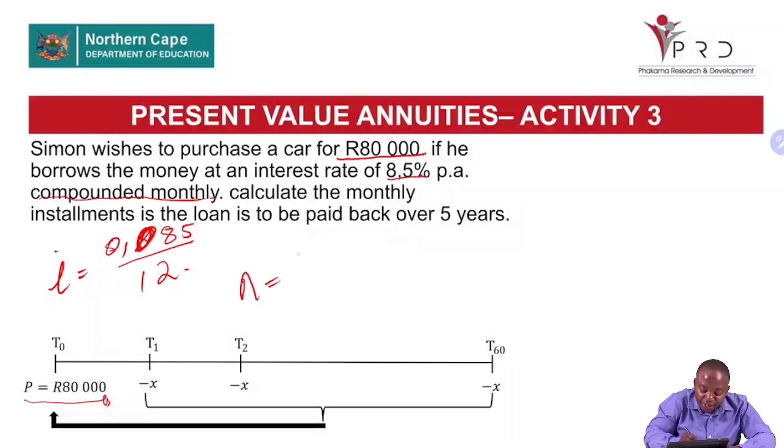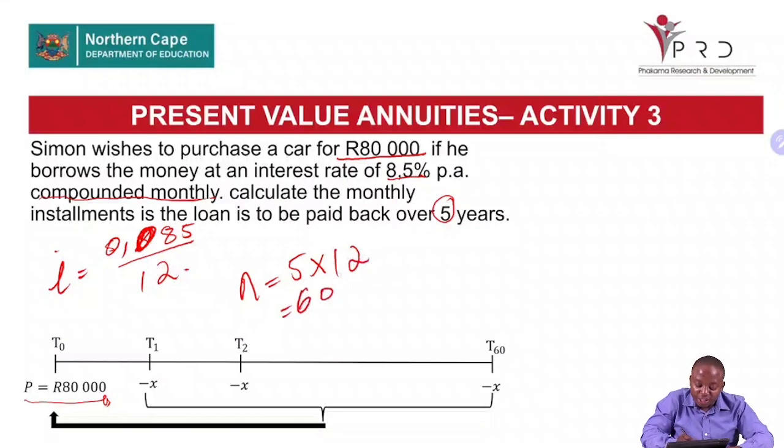So we need to find the monthly installment, but we need to know how many installments he will make. So it is over the period of 5 years multiplied by the compounding period, which is 12. So 5 times 12, we get 60. So that means T0 in the present, it is 80,000, and the last repayment will be made after 5 years, which is at T60. So you will make equal payments up to 60 payments.